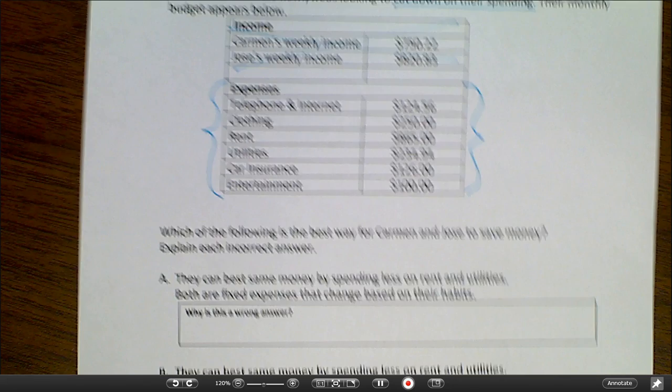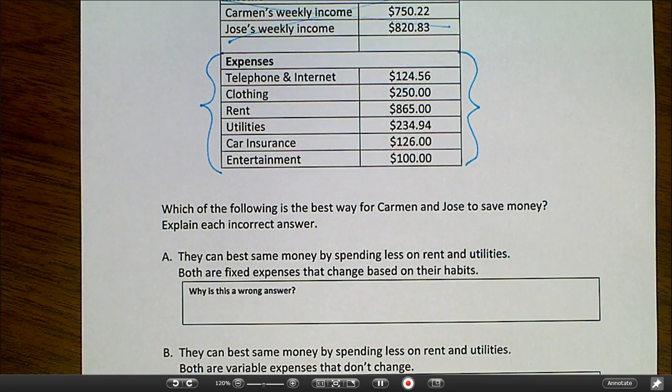Now, let's look and see which of these are fixed expenses and which ones are variable expenses. So remember, back when we did a lot of work with budgets, we talked about fixed and variable expenses.